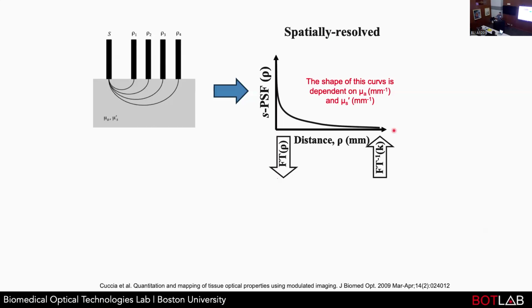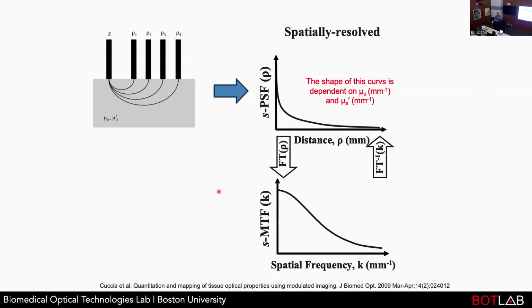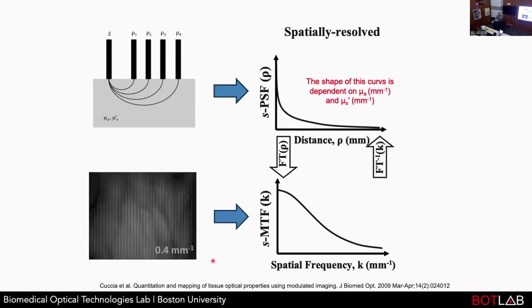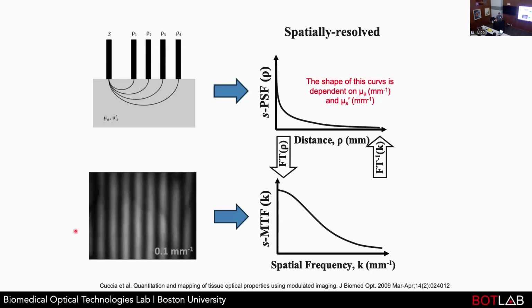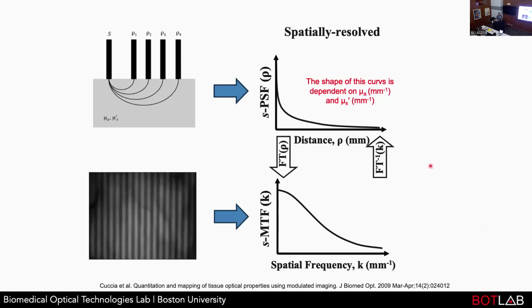One can take a Fourier transform of this point spread function and get to the next domain I'm going to talk about, the spatial frequency domain, where we switch our axes. Now the x-axis is spatial frequency, k, defined as inverse distance, inverse millimeters in this case. So inverse distance meaning number of cycles per unit distance. And we have a pattern of light that we project onto tissue. So these are cousins related through a Fourier transform.